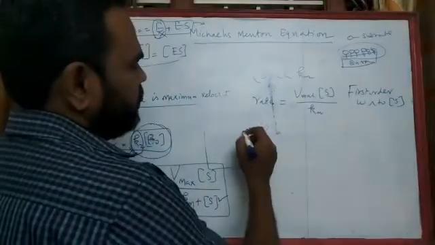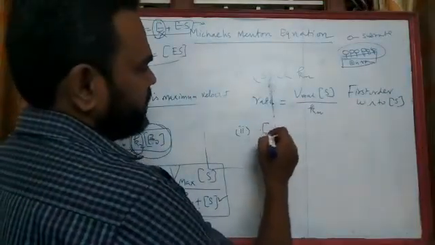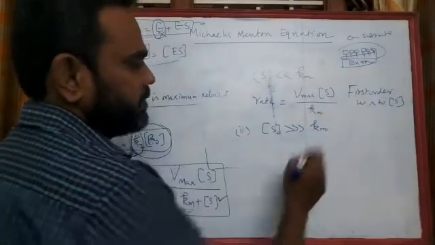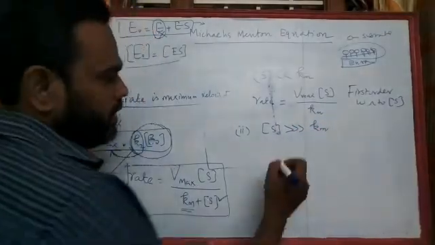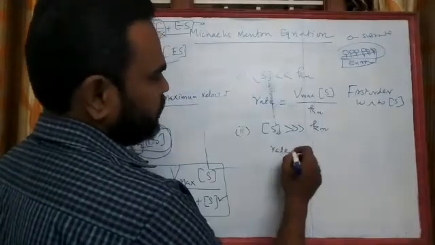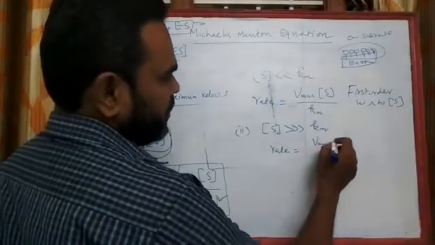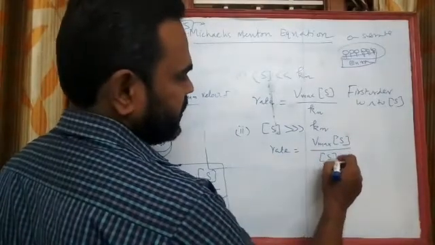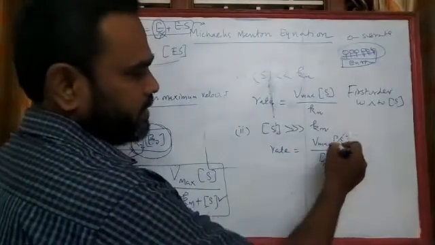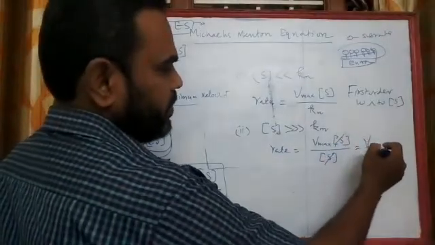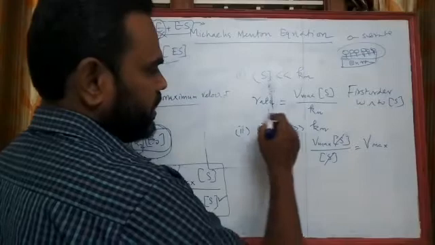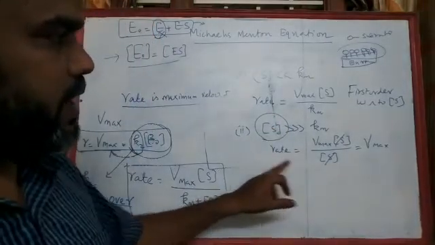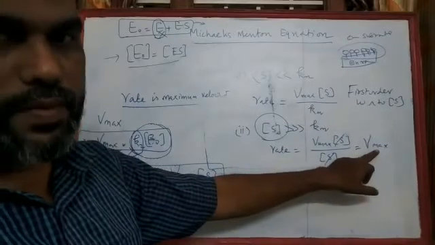Okay. Now the second case, when the substrate is far greater than the Michaelis constant, the rate becomes equal to Vmax into S divided by S, and S gets cancelled, so this becomes Vmax. So when the substrate concentration is very high, the rate of the reaction proceeds at its maximum speed.